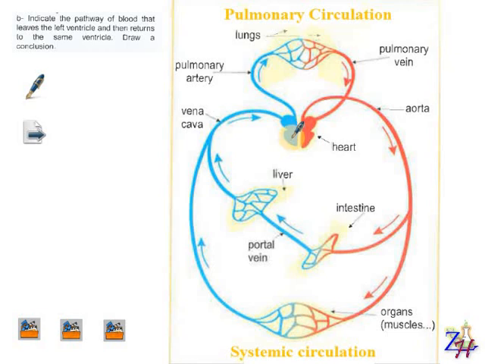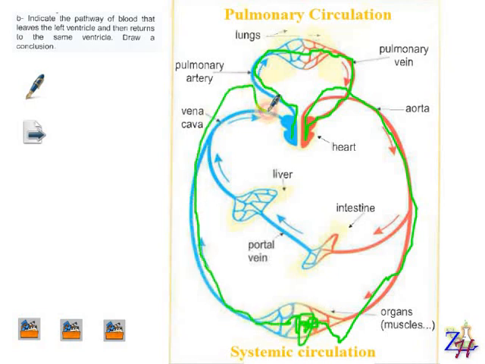Okay, let's start with the right ventricle, then pulmonary artery, arterioles, capillaries of lungs, venules, pulmonary vein, left auricle, left ventricle, aorta, arterioles, again, capillaries of organs, venules, vena cava, right auricle, and right ventricle.